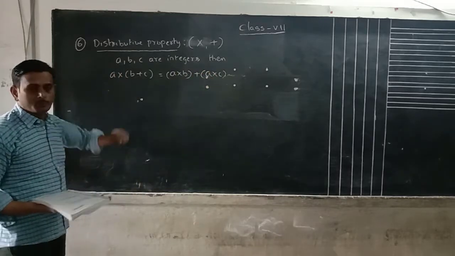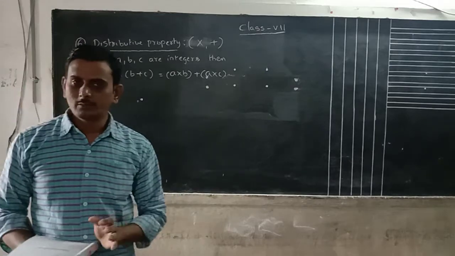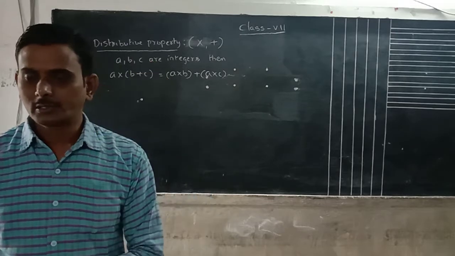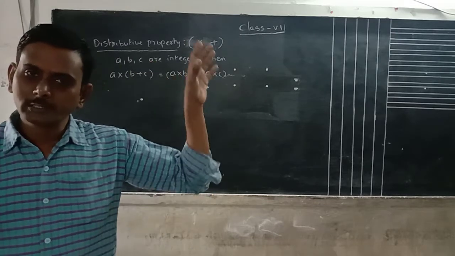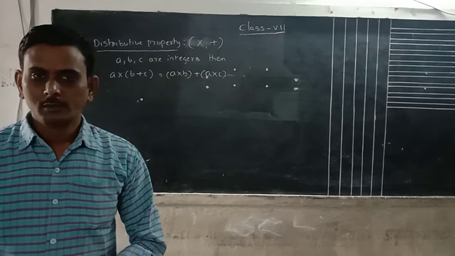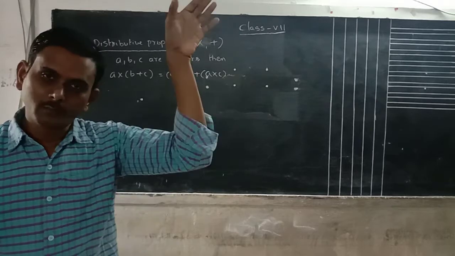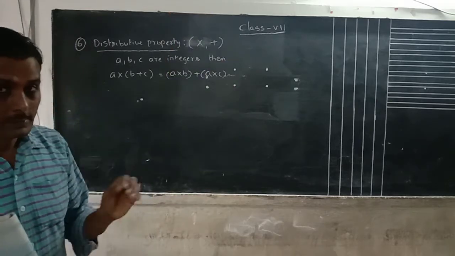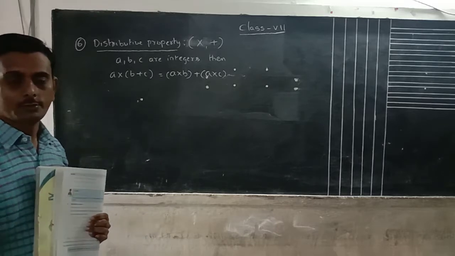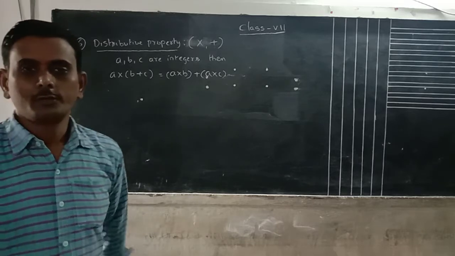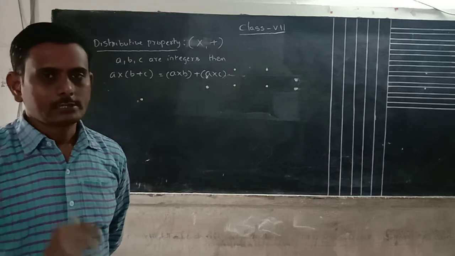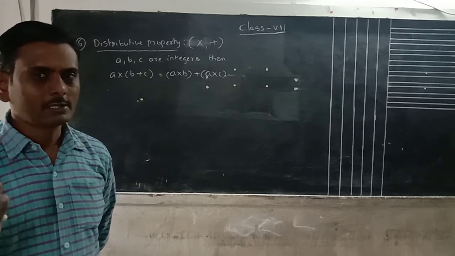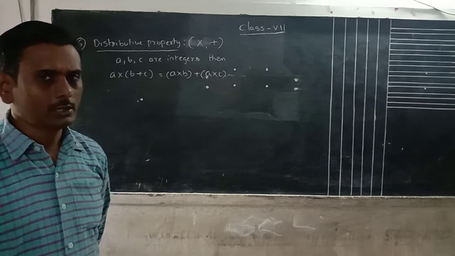In the previous class we learned 5 properties. In those 5 properties, only the multiply symbol is used. If you want to write the plus symbol, you can check all 5 properties with plus. But in those properties, two signs are never used together, only one sign at a time, whether plus, minus, multiplication, or division.